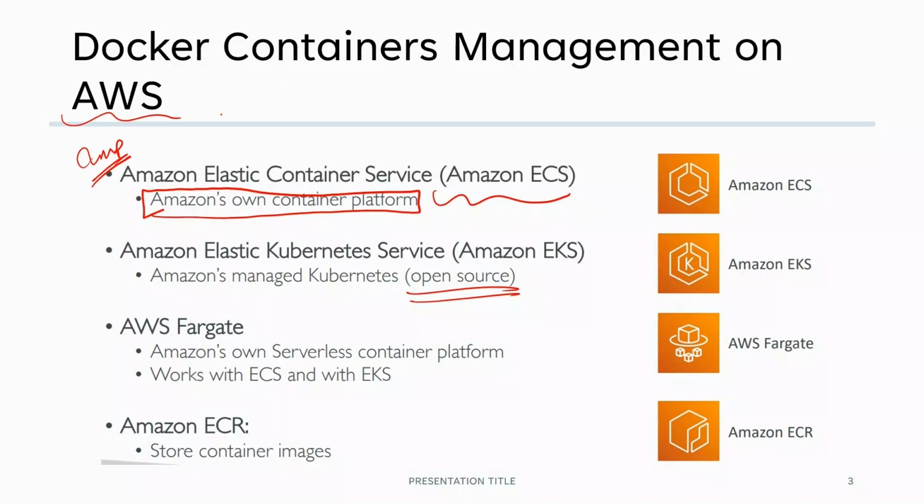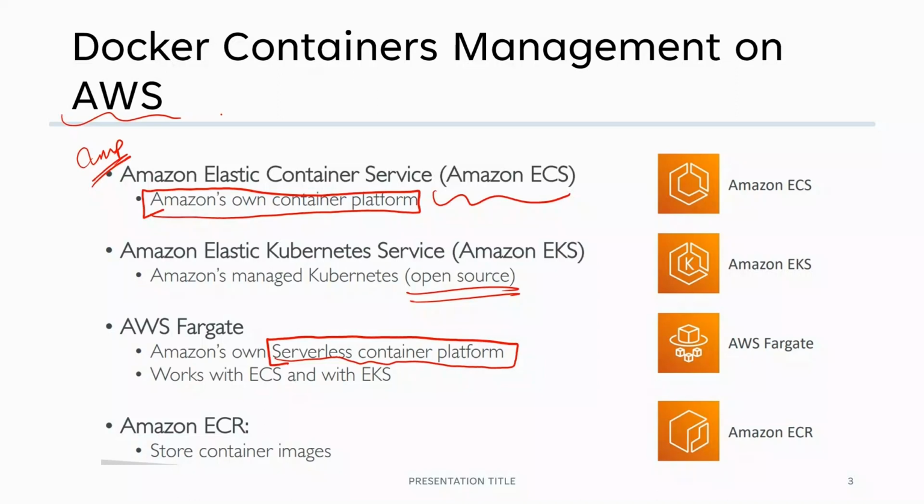Then we have AWS Fargate. This is a serverless container platform. It means that even though you are running an ECS cluster, the underlying resources are EC2 instances. That is not a new thing to understand, because whatever compute you are using on AWS, those are EC2 instances.